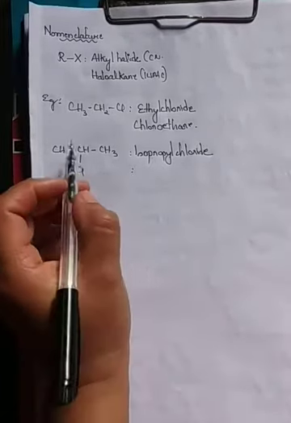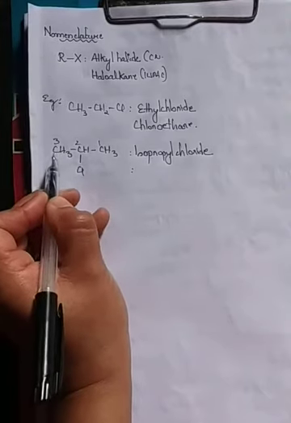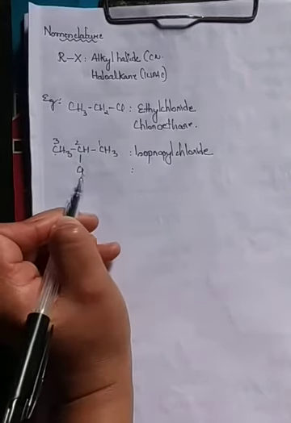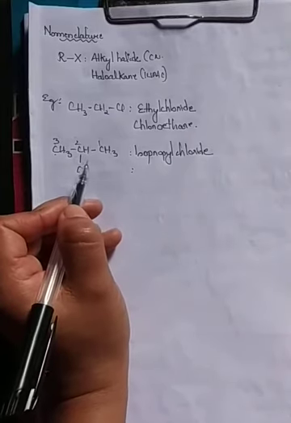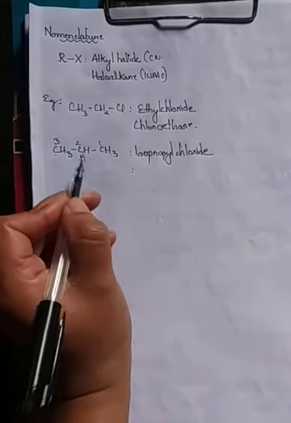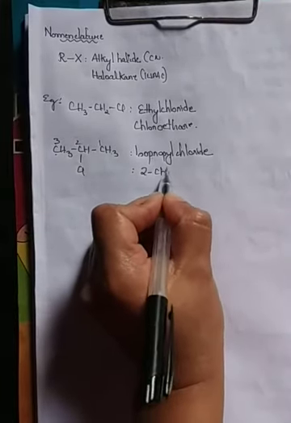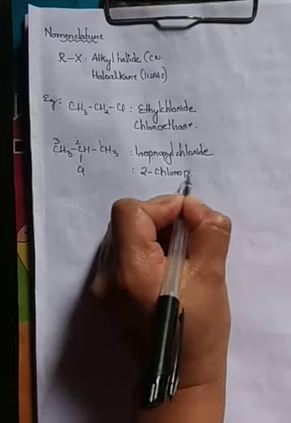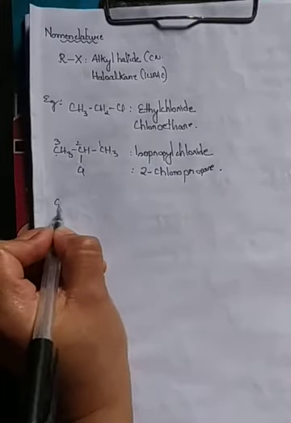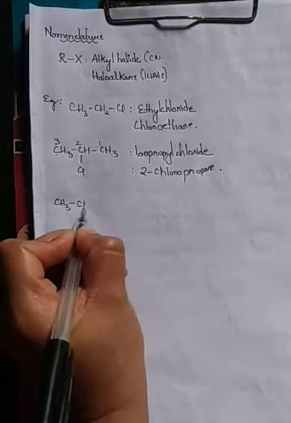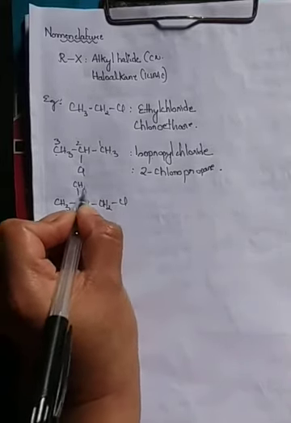In the IUPAC name, we number 1, 2, 3, or you can start from the other side, 1, 2, 3. It's the same because the position of the halogen atom is on the second carbon atom. Therefore, the name here will be 2-chloropropane.